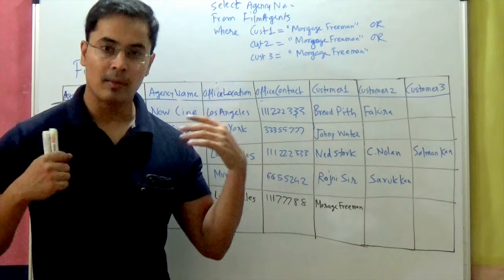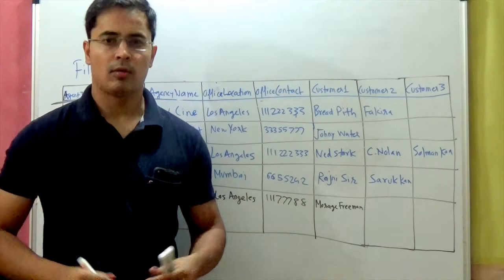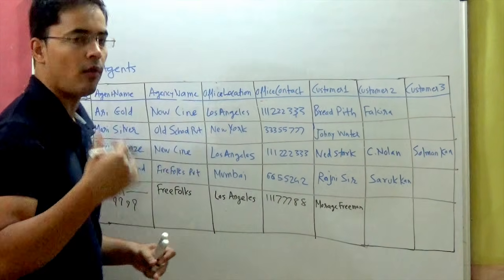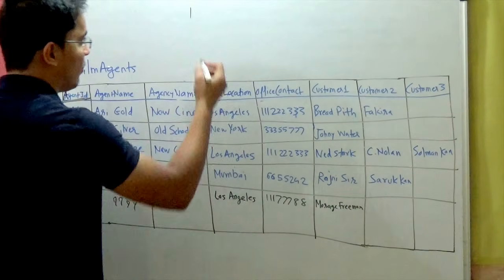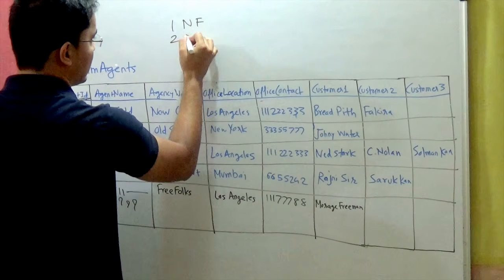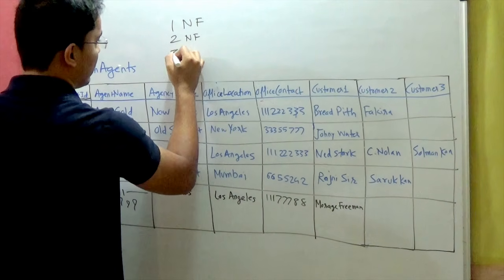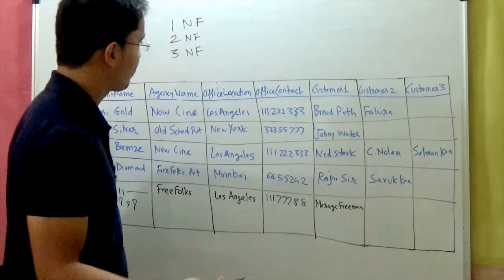So let's rather normalize this table. Let's normalize this database. In database normalization, there are a few forms. You can achieve database normalization in stages. So the forms are first normal form, second normal form, and third normal form, right?